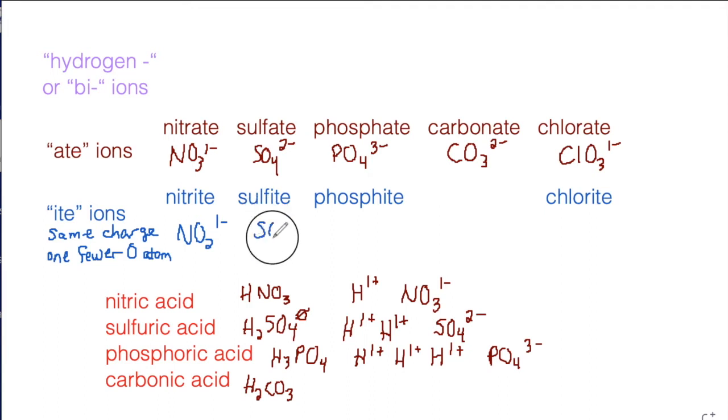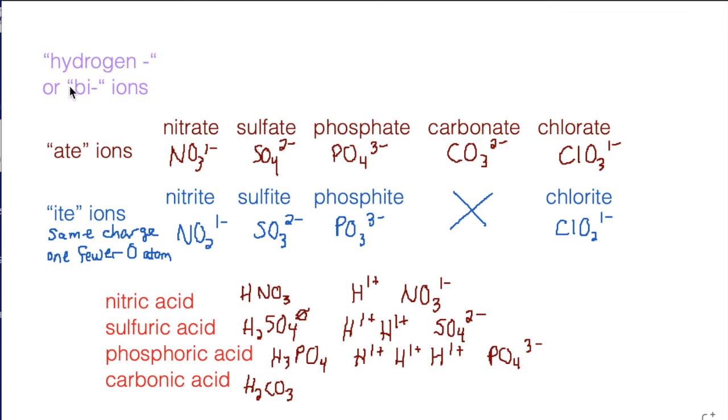Sulfite would be SO3 with a -2, so the same charge, one fewer oxygen. Phosphite, the same charge, -3 charge, one fewer oxygen, PO3 with a -3 charge. There isn't a carbonite one, but chlorite is still a -1 charge and 2 oxygen.